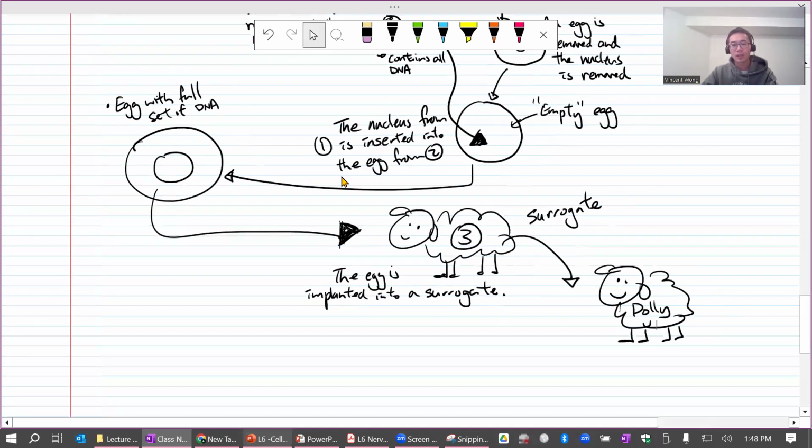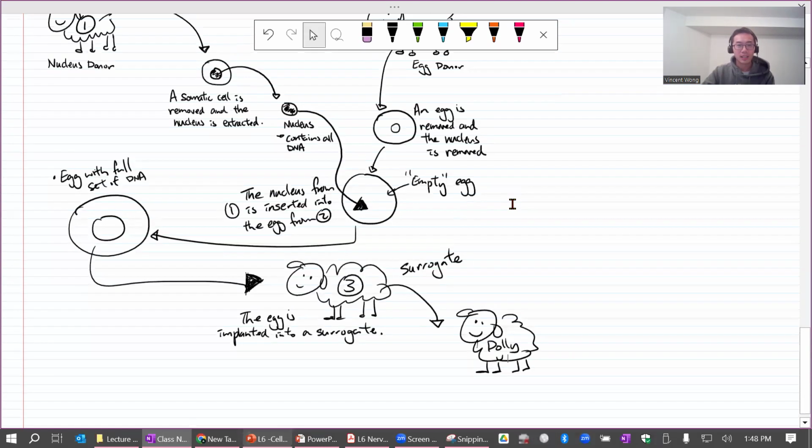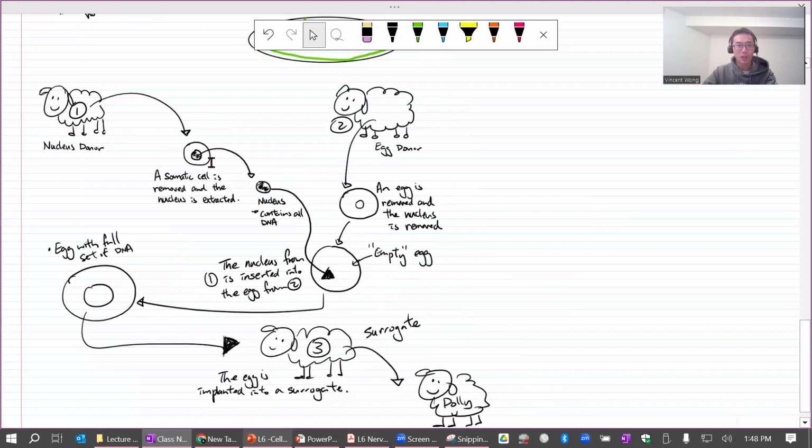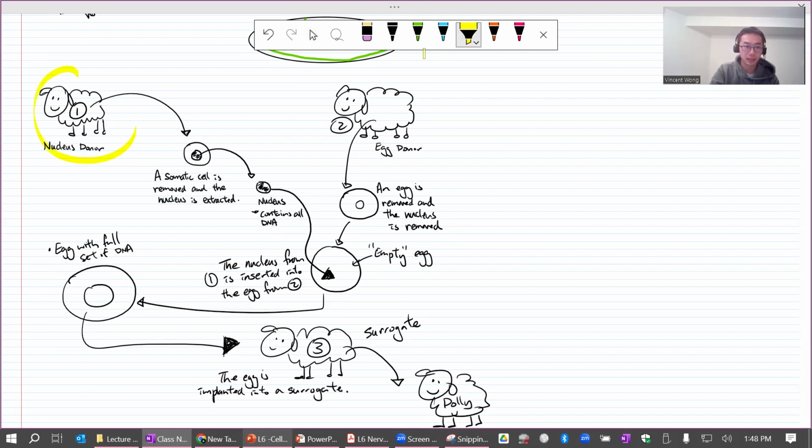So here's the question. Dolly is the clone of who? Is Dolly the clone of 1, 2, or 3? 1. That's right. It's the clone of 1, because all the genetic material is contributed by the nuclear donor.